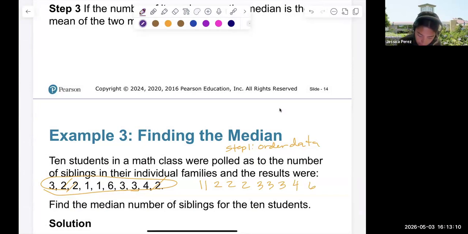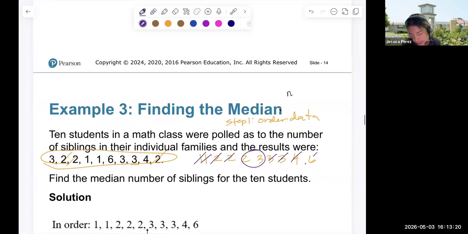So if I'm looking for the median, you cross off from both ends. See how you have two middle numbers? Because n is 10, this is even. That means you're going to take the two middle numbers and find the mean of them.